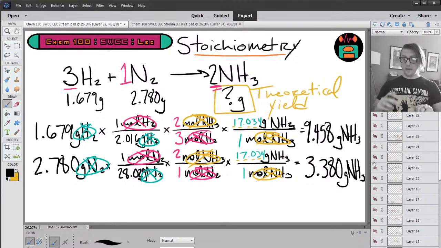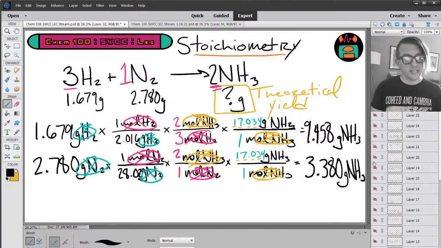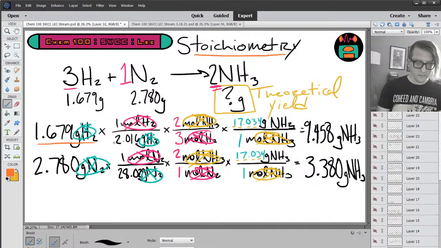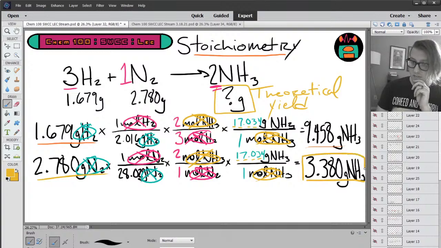Now we can make our assessment. Theoretically, if H2 was our limiting reagent, 9.458 would be our mass, or our theoretical yield. But N2 gave us a smaller mass of ammonia.